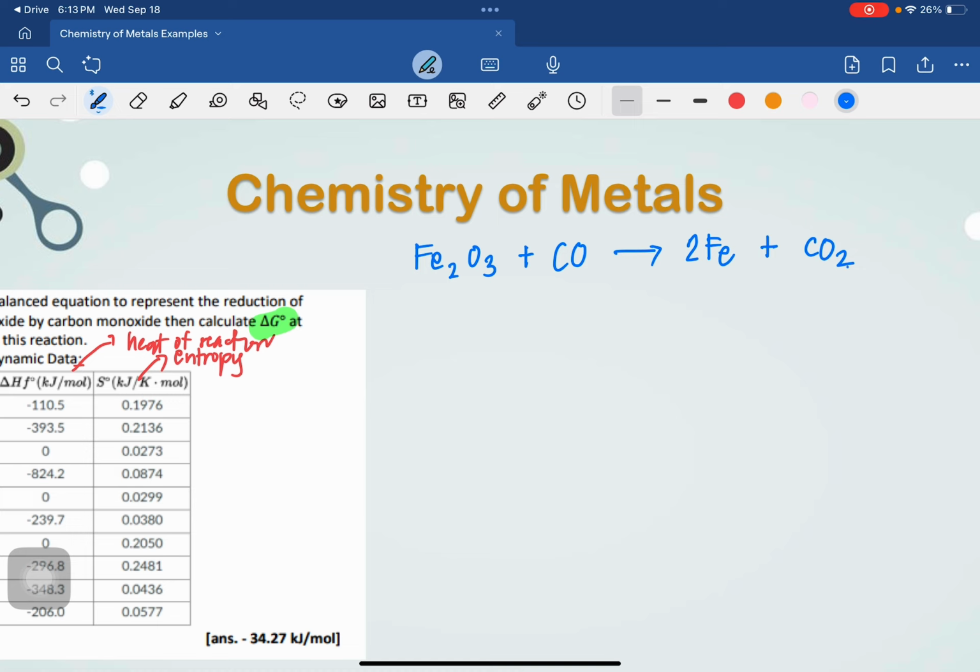So what can we do? Probably we can try putting 3 here, and probably another 3 here. Let's check if that's going to be equal. Yeah, that's going to be equal. So that will be 3 times 2, that's 6 oxygen. 1, 2, 3. 3 times 1, that's 3, that's 6.